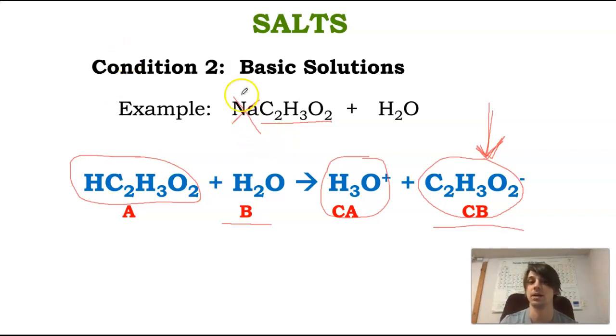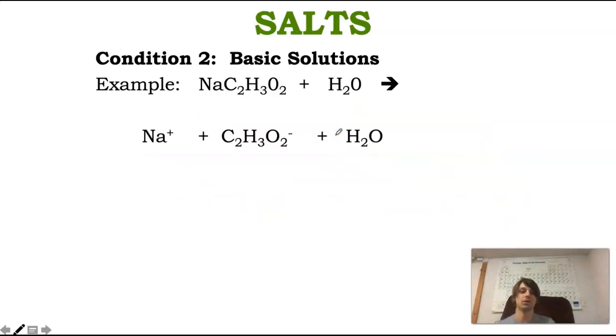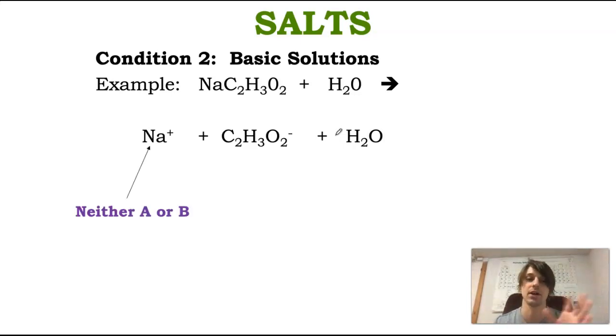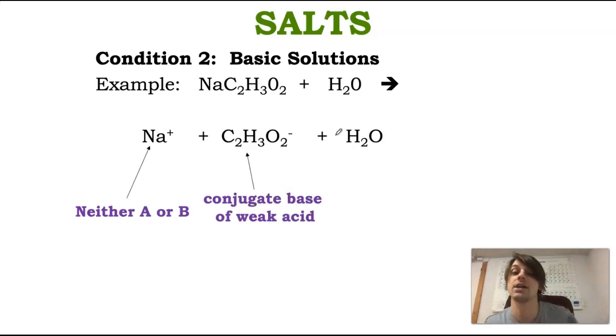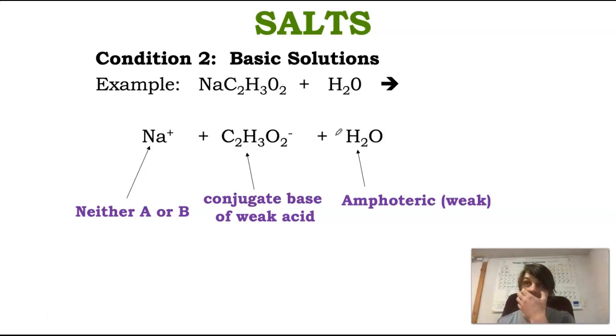So Na doesn't matter because it's part of a strong base, but this does. So I would want to determine the pH of a solution that contains this. So if I add this to water, this salt, okay, sodium acetate to water, it would make the solution basic. Okay? So again, Na does nothing. It's neither an acid nor a base. This is a conjugate base of a weak acid, and then water could be either. It's amphoteric. Okay, it's weak. So this conjugate base is actually a stronger base than the amphoteric water.